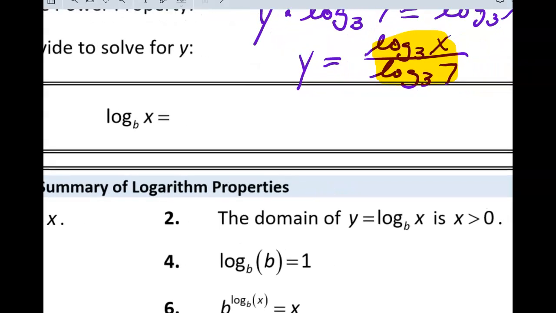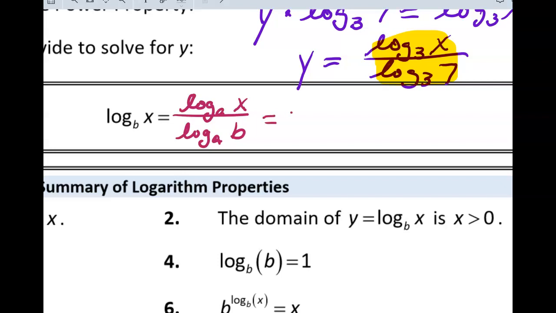But in general, the change of base formula says that the log base b of x is the log base a of x over the log base a of the original base b. So we've changed the log base b of x into base a by dividing the log base a of x by the log base a of the original base.